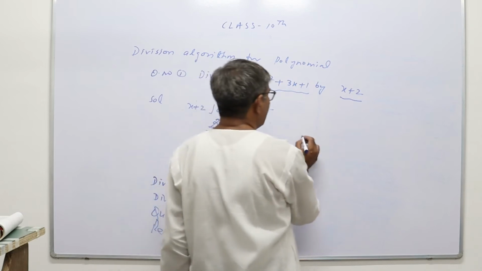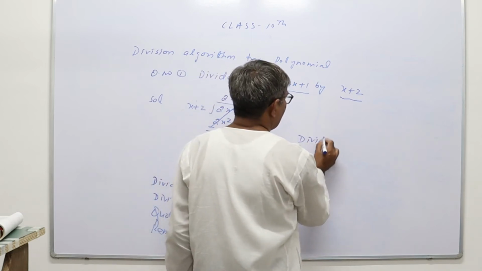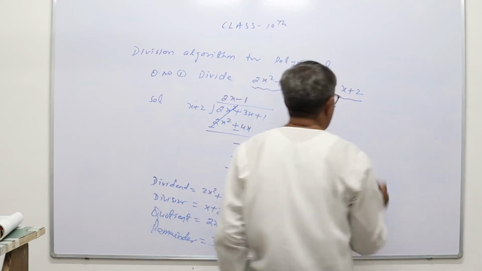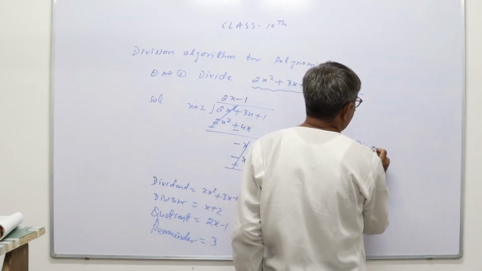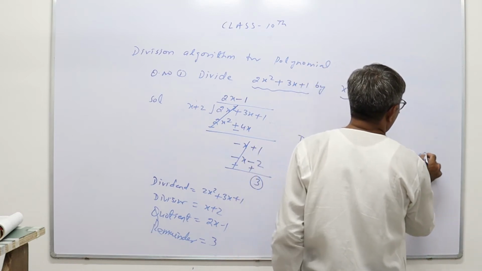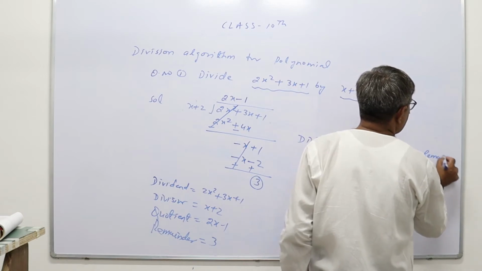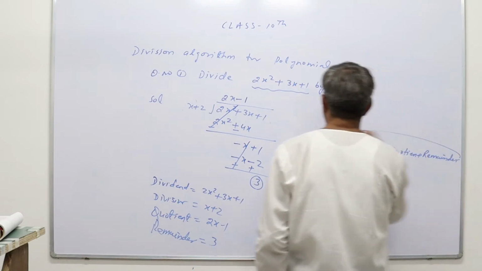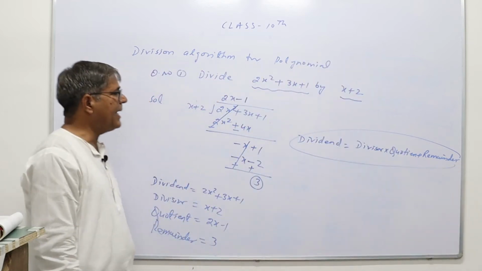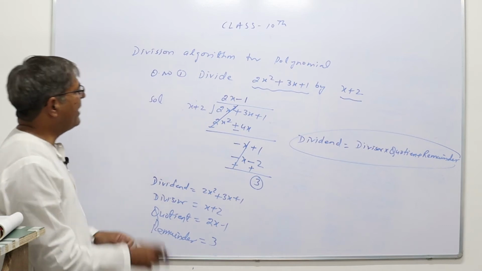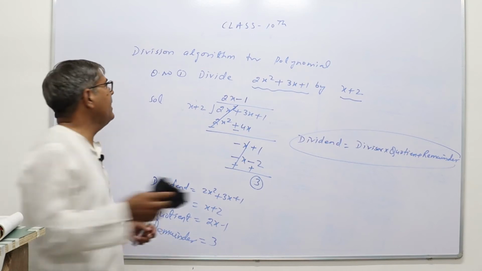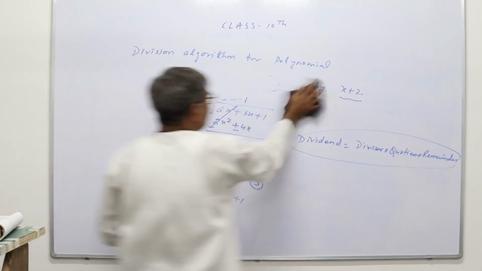Write one relation: dividend equals divisor into quotient plus remainder. This is the inter-relation between dividend, divisor, quotient and remainder, and in this way we can divide one polynomial by another polynomial. Let us see one more example.